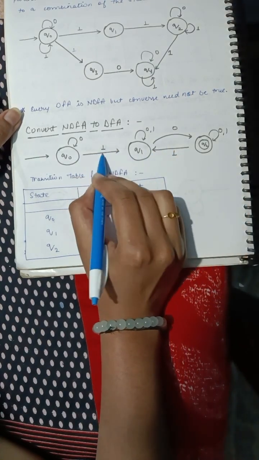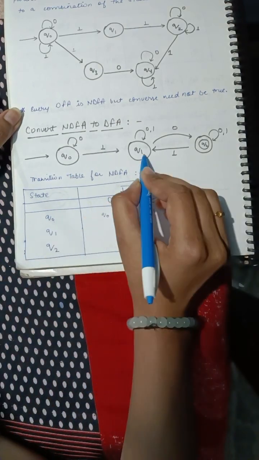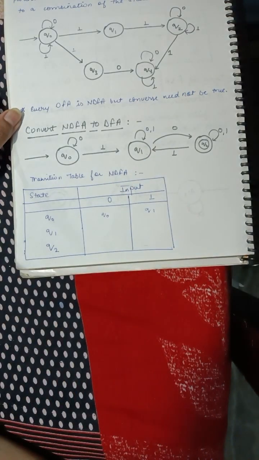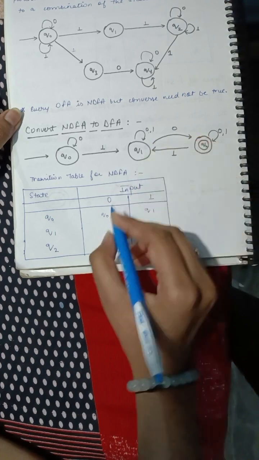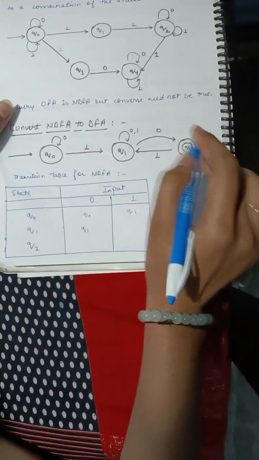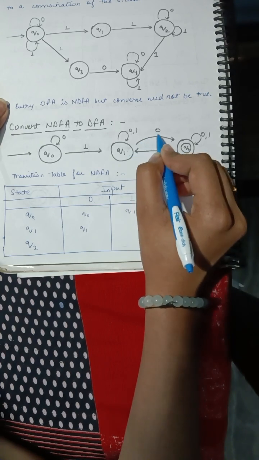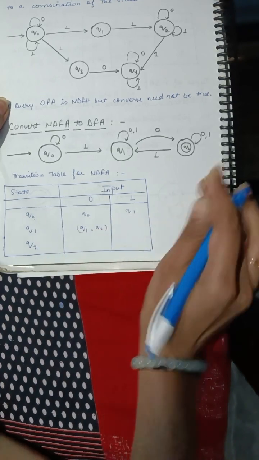So at 1 the value for Q0 is Q1. For the Q1 state, at 0 the value is Q1, and also Q2, meaning Q1 and Q2 both are there.